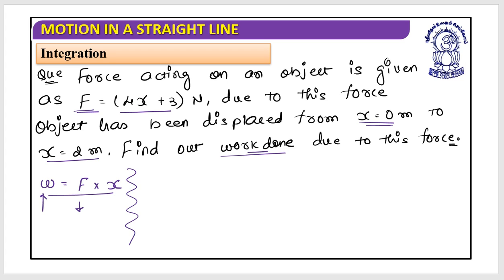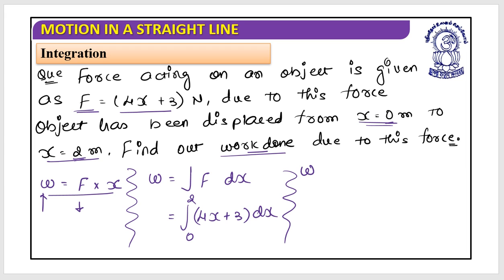What you need to do is find out the work done. So can I write it like this? It's the integration of F dx. Yes, so I need to integrate this F. It's 4x plus 3 dx from 0 to 2. So if I integrate this, the work done would be equal to 4x square by 2 plus 3x, from 0 to 2.